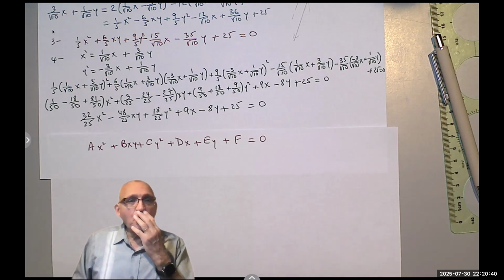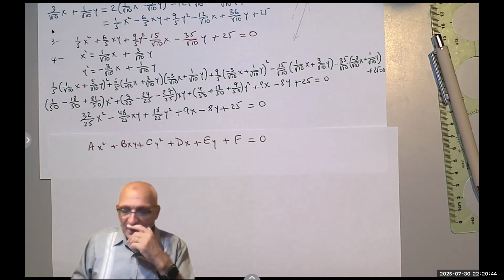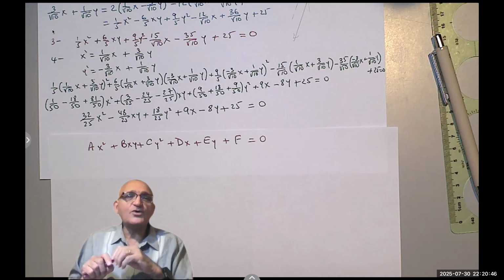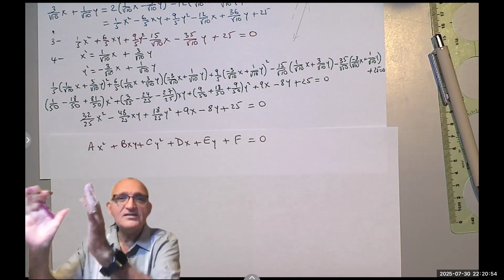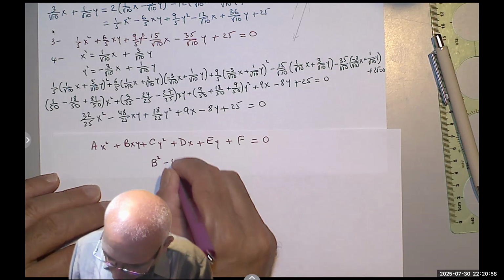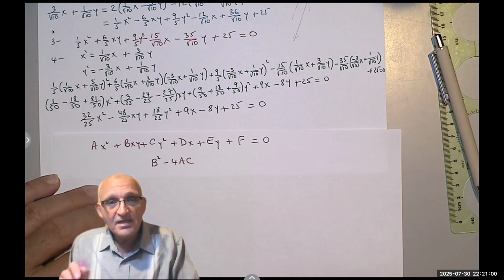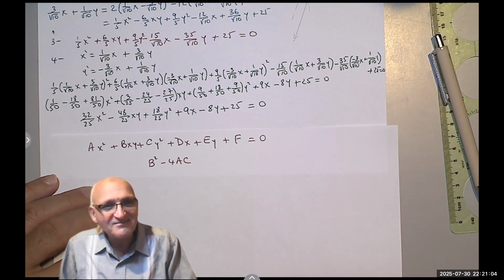So how would we know what conic section that is? Remember when you solved the quadratic equation, you used something called the discriminant? When you said negative b plus or minus the square root of the quantity under the square root, which is b squared minus 4ac. This allows you to know what type. Wow, interesting, right?